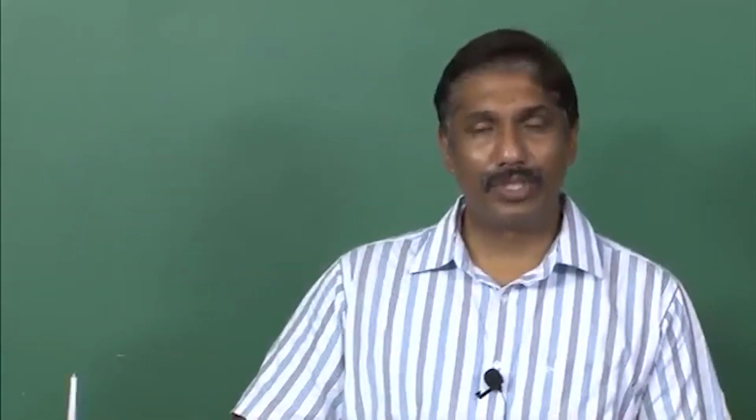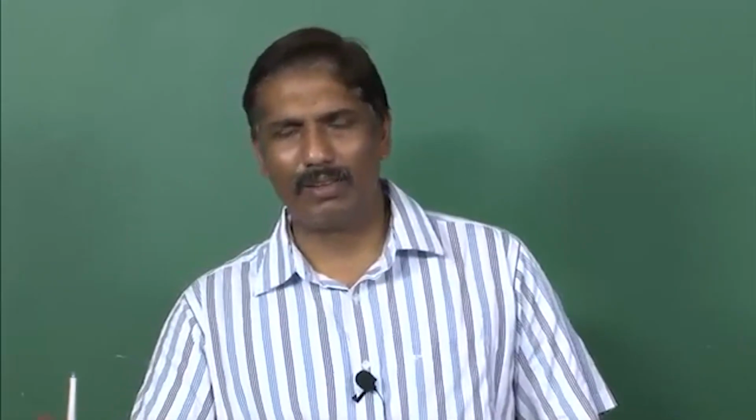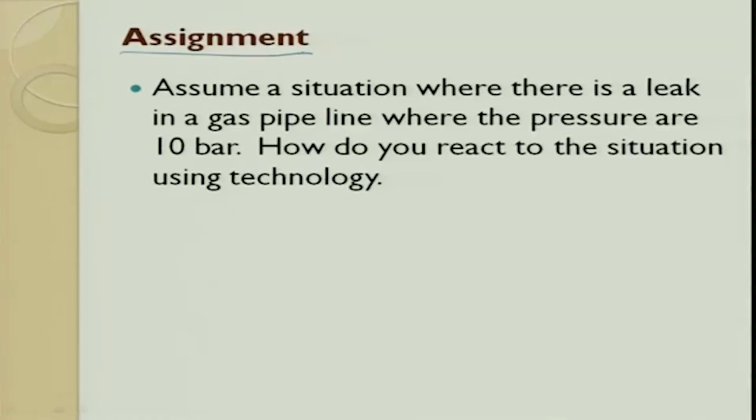So, a home assignment, you do not have to submit it to me. Assume that you are in a situation where you see a gas pipeline leaking, where gas is passing by at pressures of about 10 bar, and there is a leak happening. What technological solution would you use to make the situation safer?